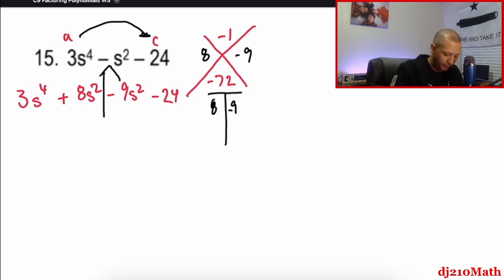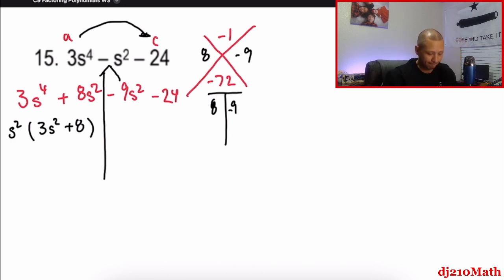And then if we split this down the middle, factor out the GCF, s squared, we have left behind 3s squared plus 8. I need 3s squared plus 8 to show up on the right, which it will. What are we factoring out? Because this is negative, we're factoring out a negative 9.